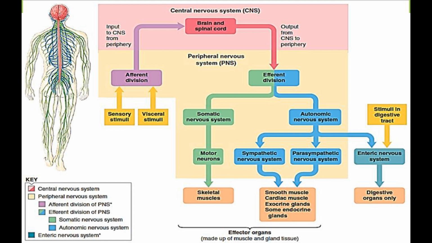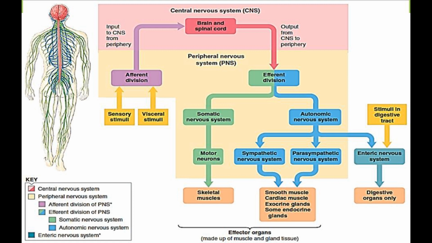The autonomic nervous system can be divided into three different sections, that is the sympathetic nervous system, the parasympathetic nervous system, and the enteric nervous system. The enteric nervous system receives stimulus from the digestive tract and innervates the digestive organs.